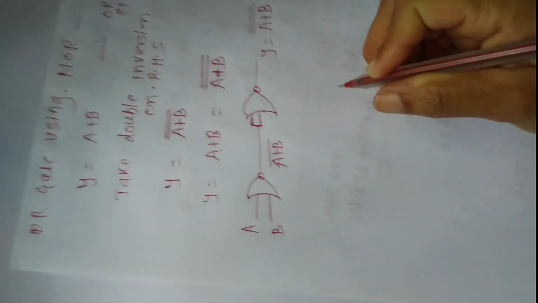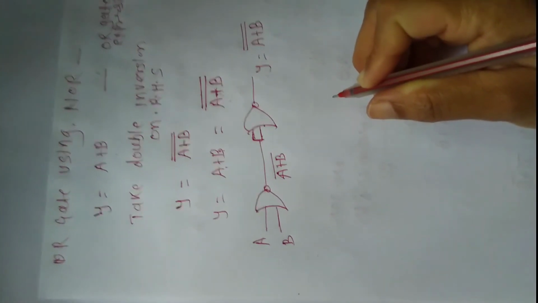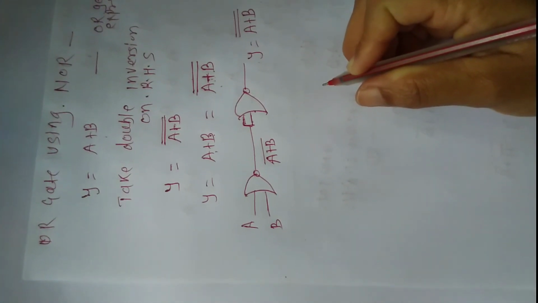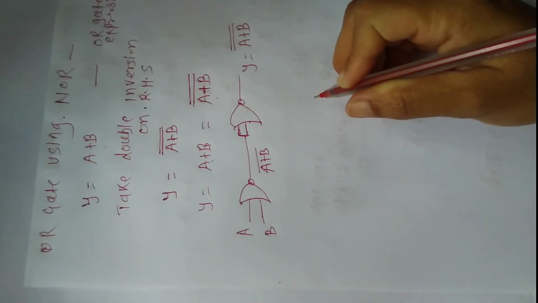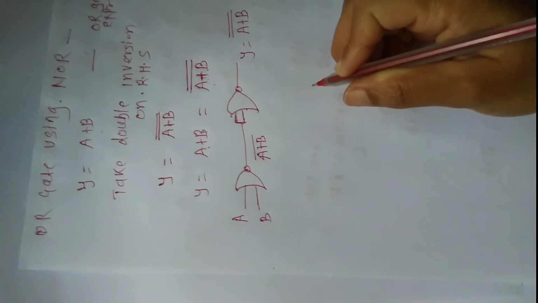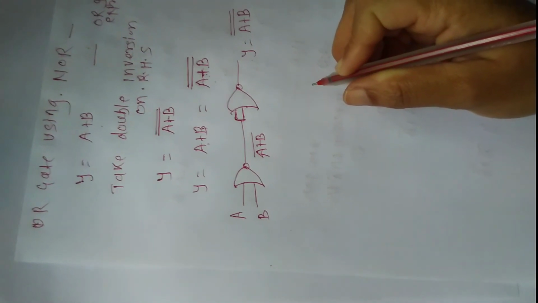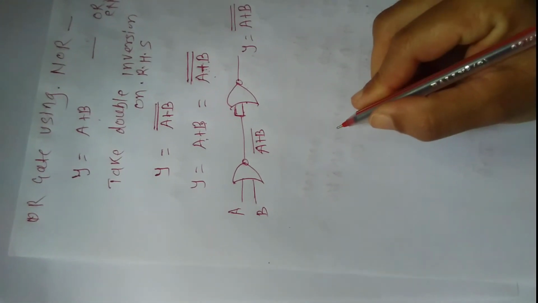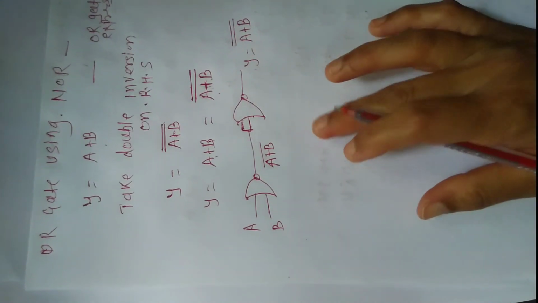This is called the universality of NAND and NOR, where any Boolean expression can be converted in the form of NAND and NOR. So these two gates are called universal gates. This is the universality of NAND and NOR.